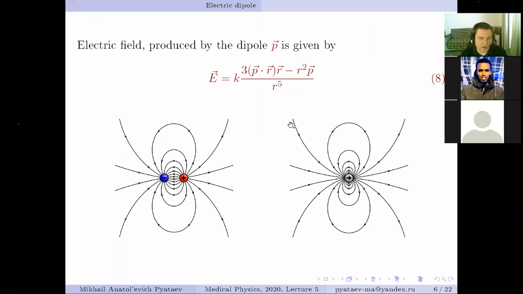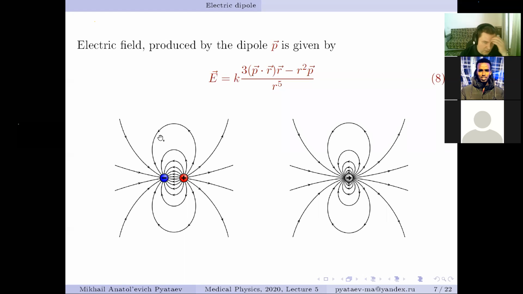Well, let us see how the electric field of this dipole, this point dipole, looks at large distances. If we draw the lines of electric field for the case of two point charges, we will see a picture like this. The lines start at the positive charge and end at the negative charge.